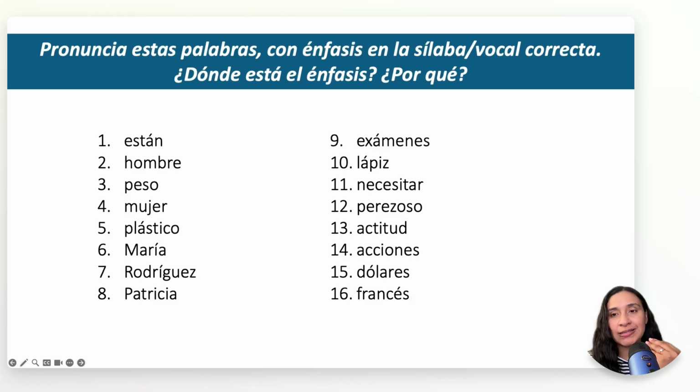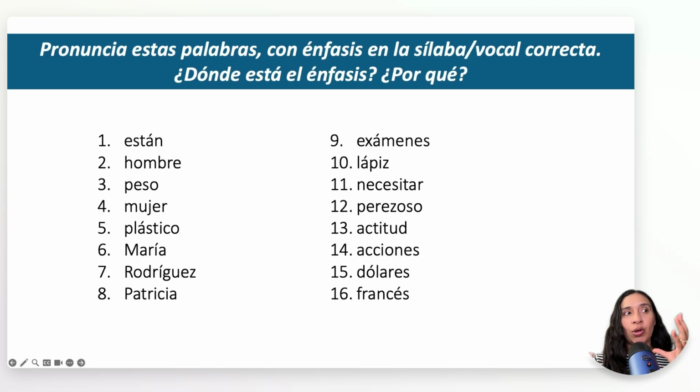Also, the vowels tend to be kind of difficult sometimes. So, O-A-E, dólares, okay? Exámenes, necesitar. So, the vowels are easy, but they can be tricky as well. So, keep that in mind.